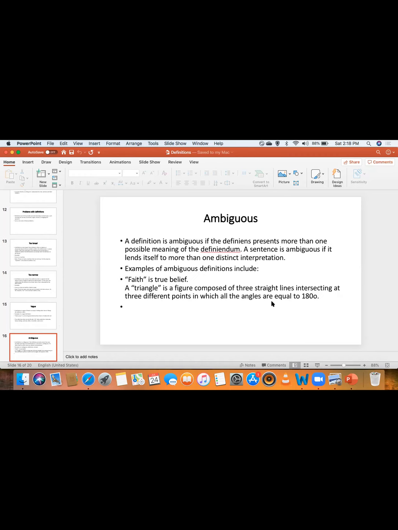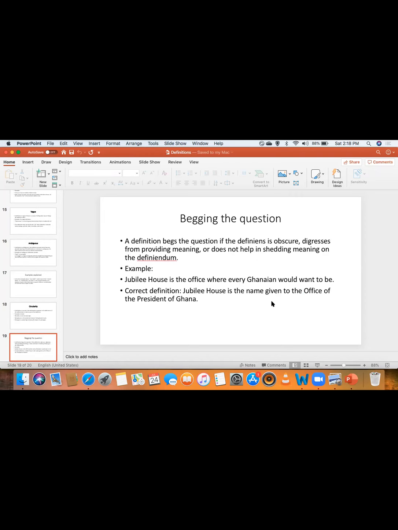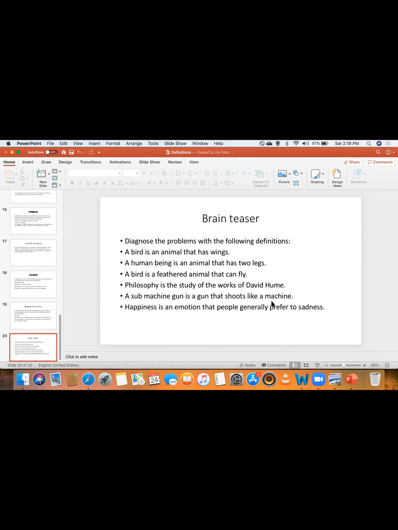They are ambiguous if they present more than one possible meaning. They are circular if the definiens repeats the definiendum, such as morality is to be morally right. And definitions beg the question if the definiens is obscure or does not help in shedding meaning on the definiendum. So that was what we did about definitions.